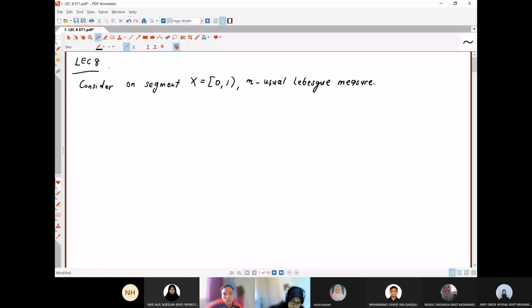So usually we will consider 4 examples. The first example is this: Tx is equal to 2x mod 1. From the previous class, this is a measure preserving transformation.